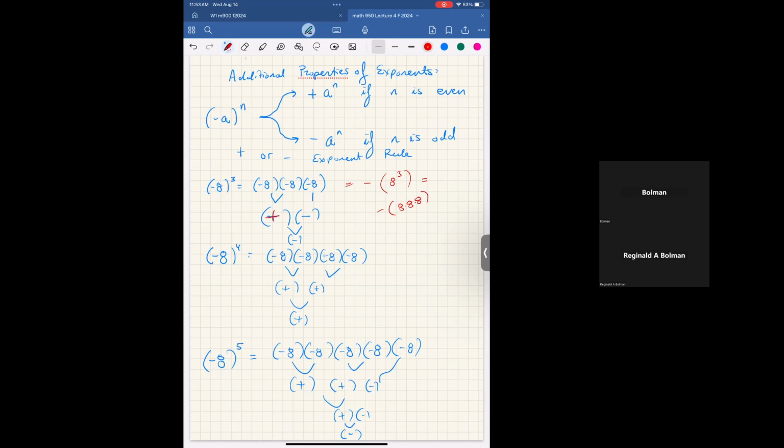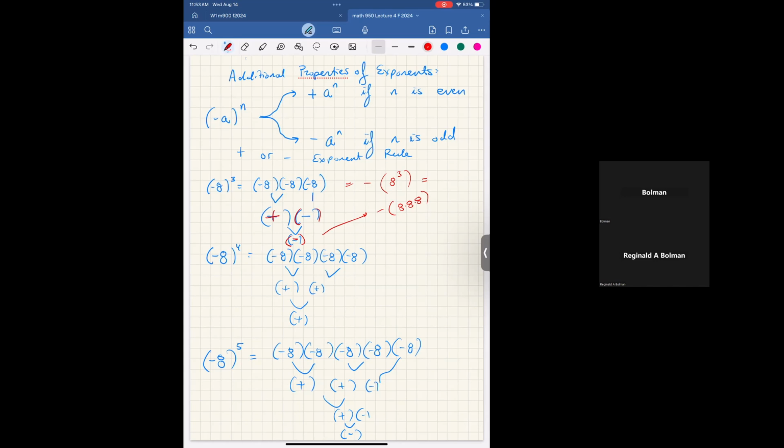And you would have a negative term, the remaining -8, that you would then have to multiply with. Well, a positive and negative gives you a negative. So here again, we didn't actually have to keep bringing down these negative symbols. If we can just remember this rule, we can, in fact, perform the multiplication operations separate from accounting for the negative sign.